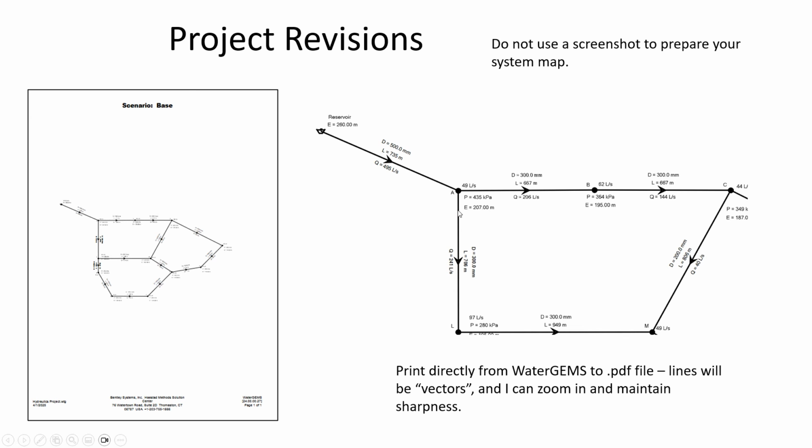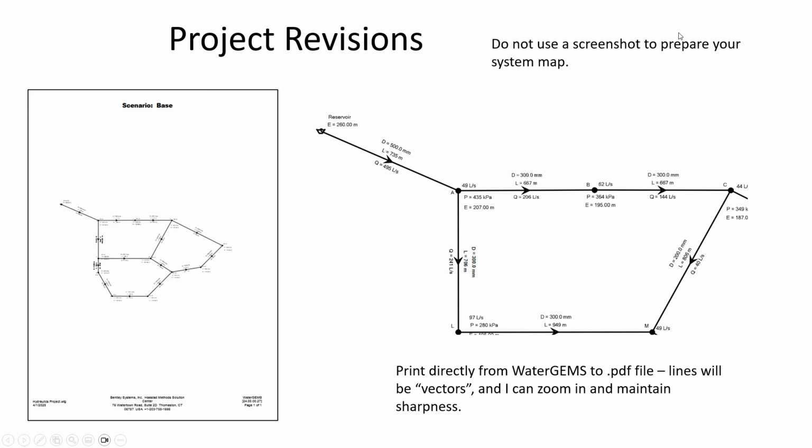The lines are all sharp, the text is sharp, whereas a screenshot is just a series of pixels rather than an actual line. It's known as a raster image, and if you zoom in, it becomes blurry and pixelated, and sometimes it's tough to see all of the annotations.